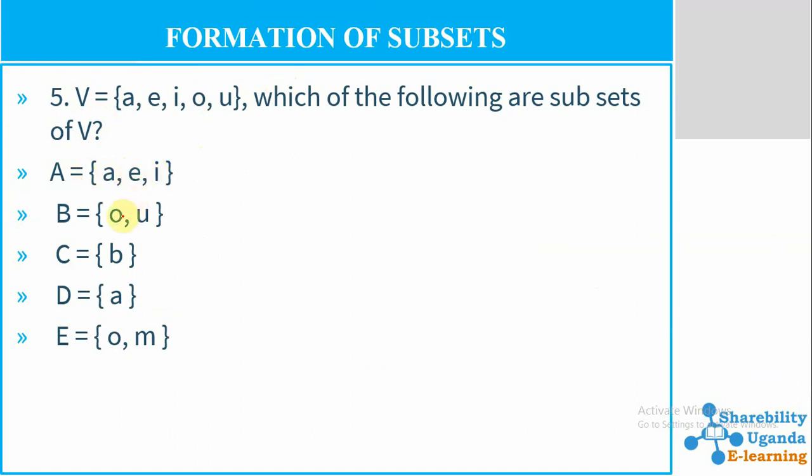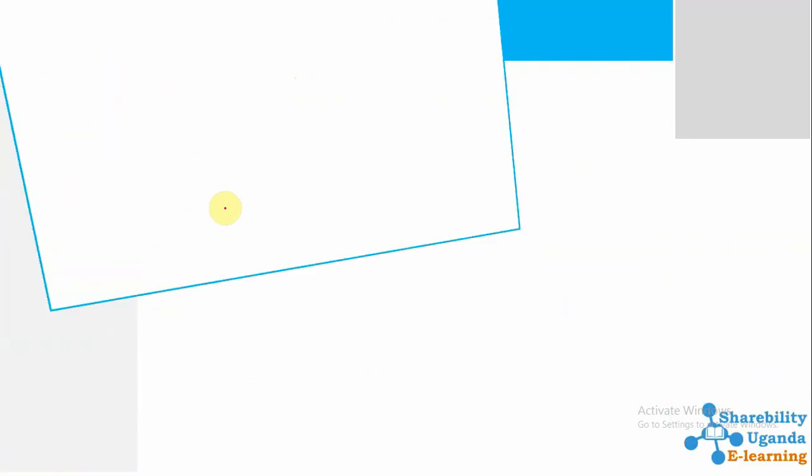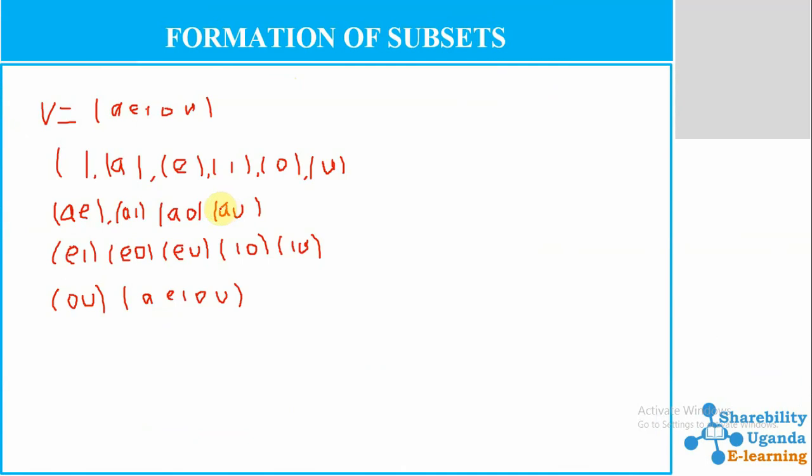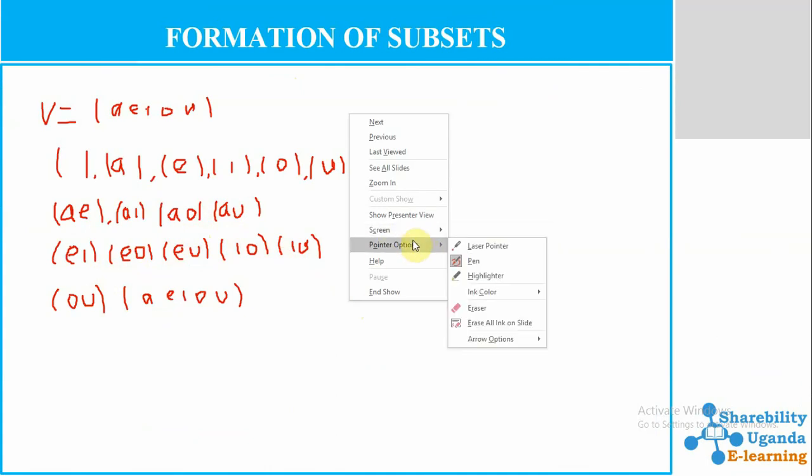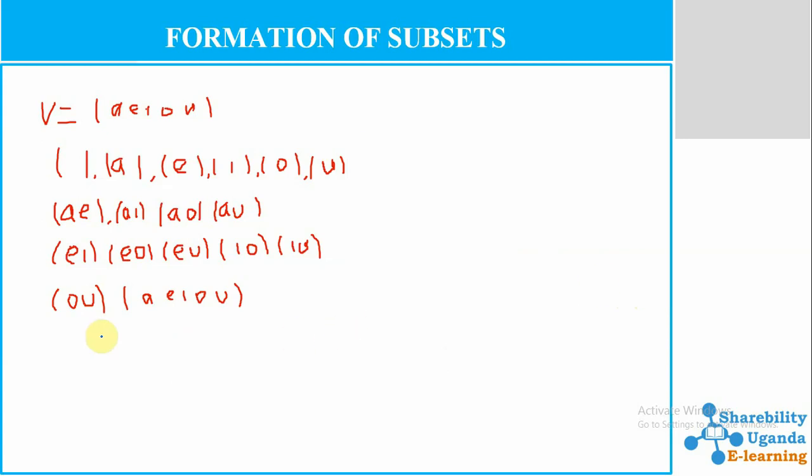We have O. Do we have O on this side down? Yes, we have this, which is a set. So I'm going to tick out the sets that we are getting from our subsets. We have O. This is a set which is there.